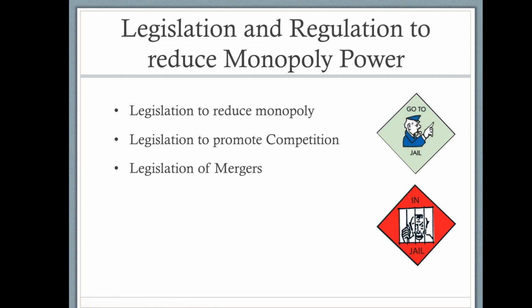So these are the types of mergers, and in some countries you will see legislation controlling mergers. If you are intentionally merging your business with other businesses, trying to get more market power or monopoly power, then you will be regulated.